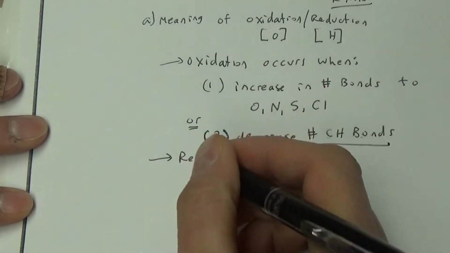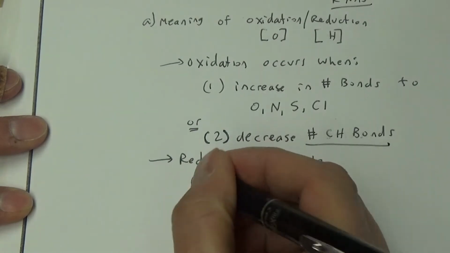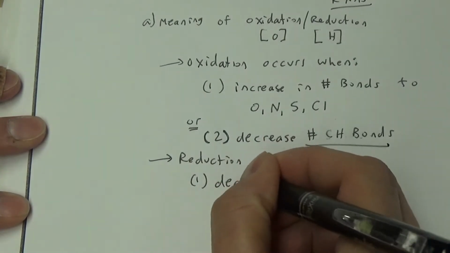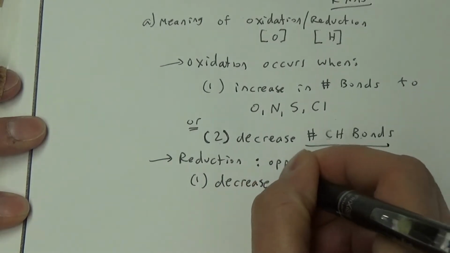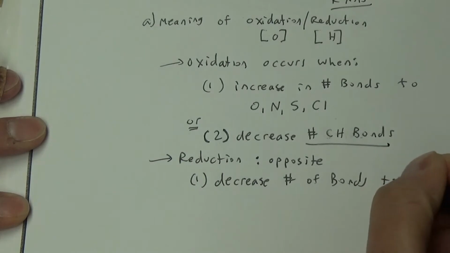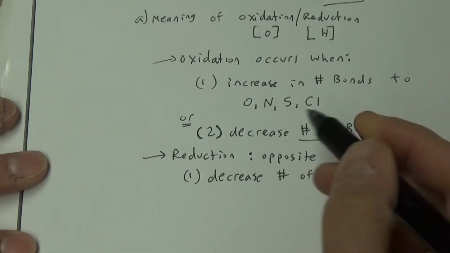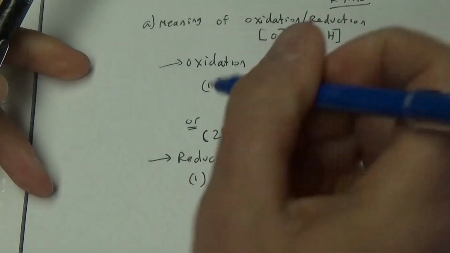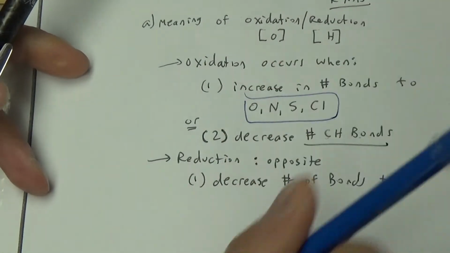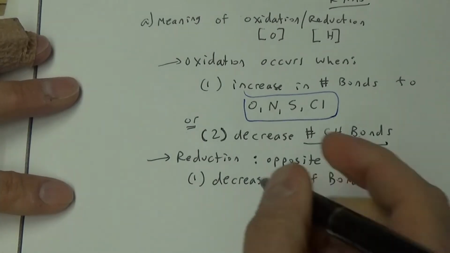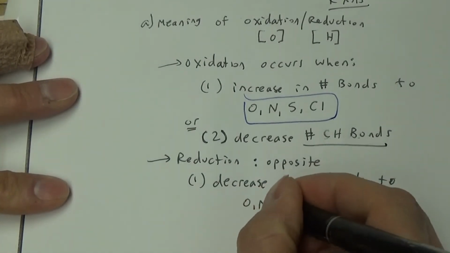So reduction occurs when you decrease the number of bonds to all of those electronegative elements up there: oxygen, nitrogen, sulfur, chlorine, etc. So you decrease the number of bonds to those things.